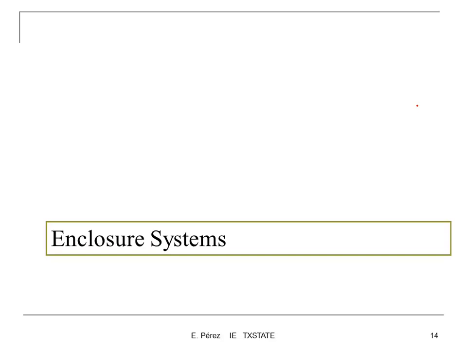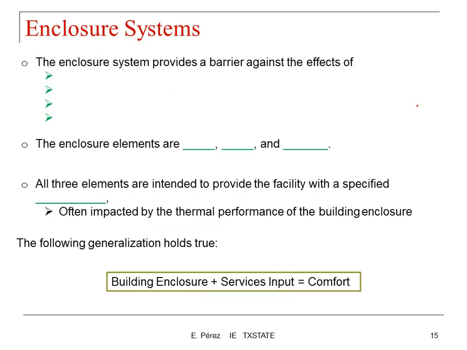Now let's move to another type of system called enclosure systems. Now we're going to deal with the entrance of the facility and how that impacts the status of the facility.